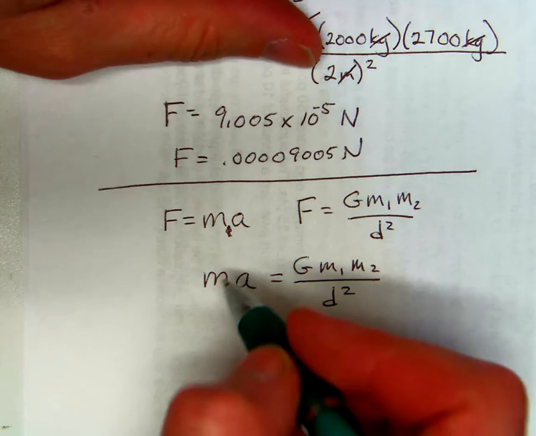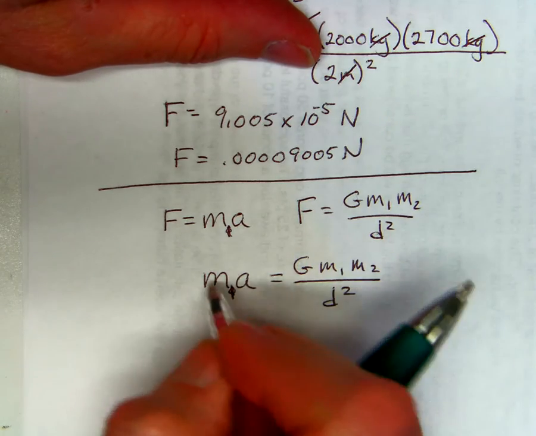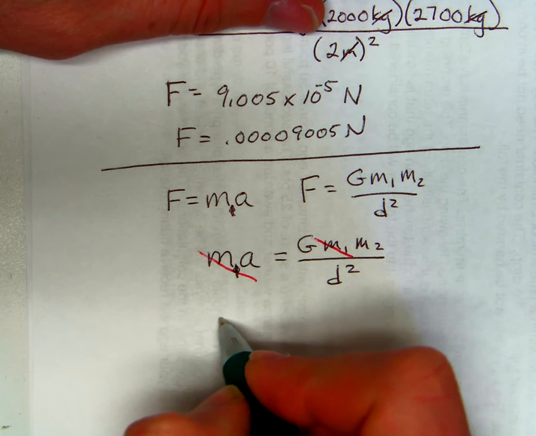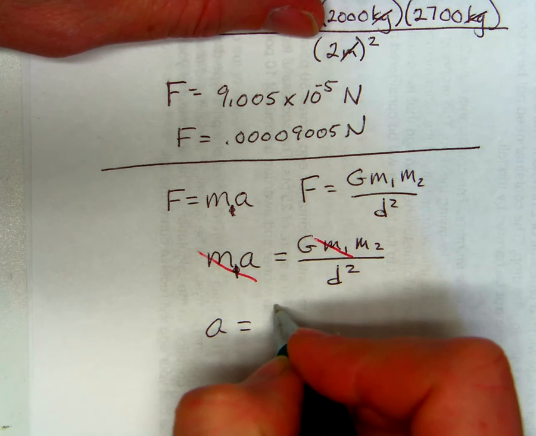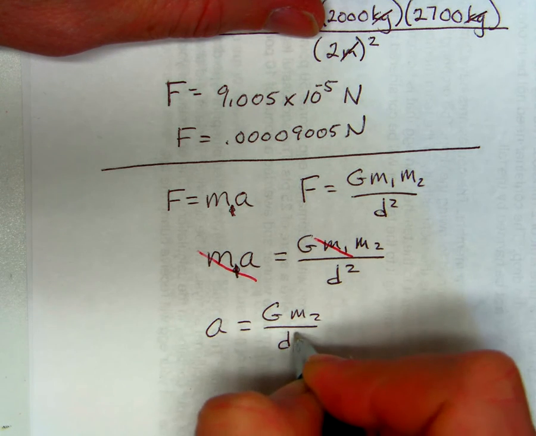Well, we've got mass 1 on both sides of the equation. So those cancel out, and our acceleration is equal to G m2 over d squared.